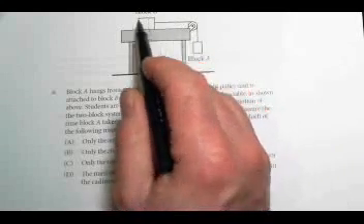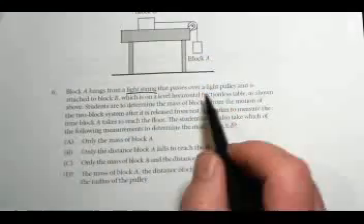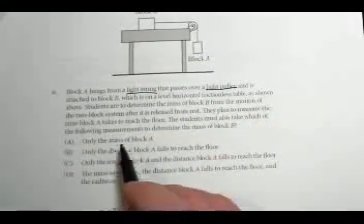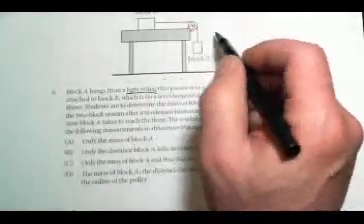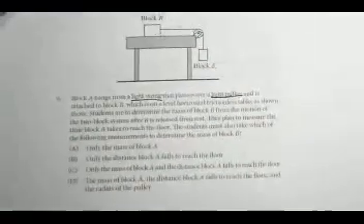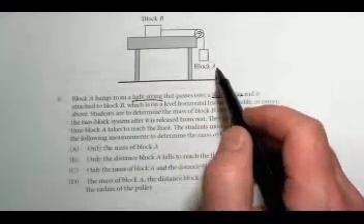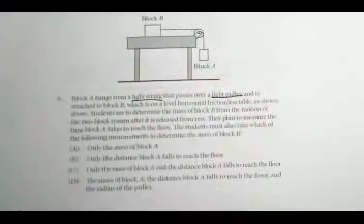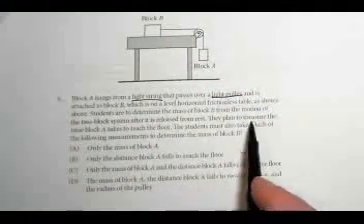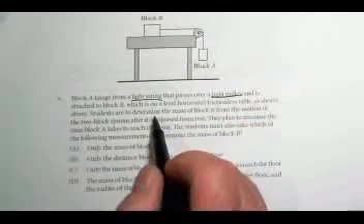Okay, so here we have block B and block A connected by a light string that passes over a light pulley, which means forget about the mass, forget about the fact that the pulley is even there, except that it's going to bend gravity. It's going to turn a downward gravity force into a sideways pulling force.